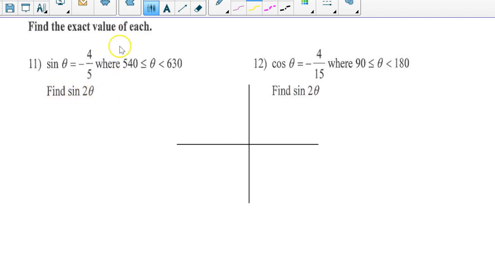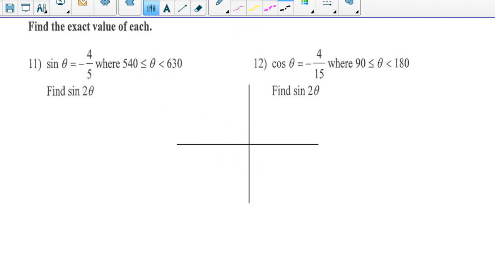Okay, let me show you this problem here. Angle 540 degrees means, if I make one complete circle in these four quadrants, I'll complete 360. Again it starts at 360 plus 90, that's 450, plus 90, plus 90, like that.